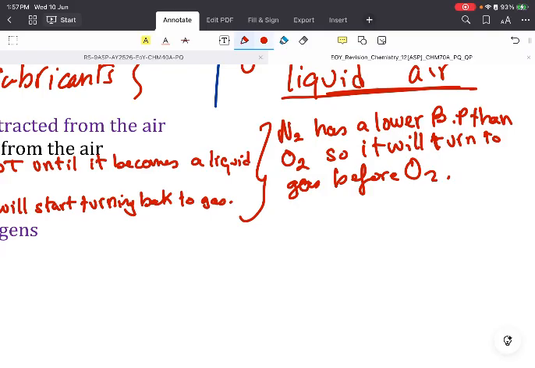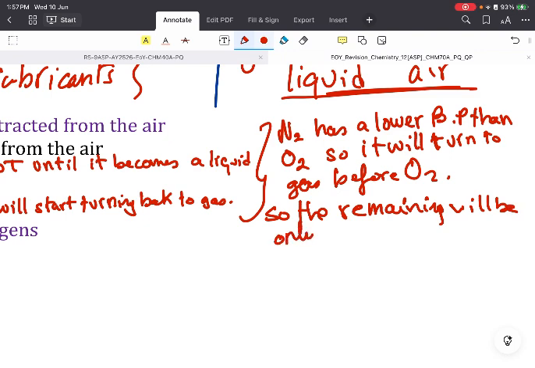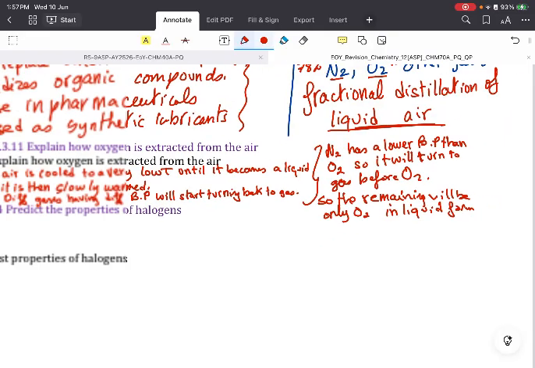The remaining liquid will be only oxygen if we stop warming it, and then oxygen can be collected.